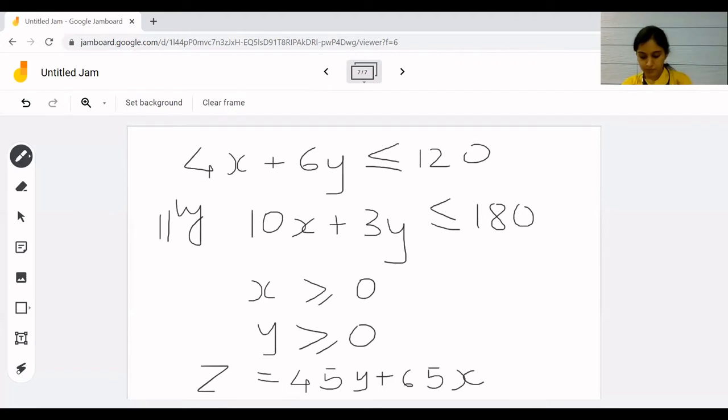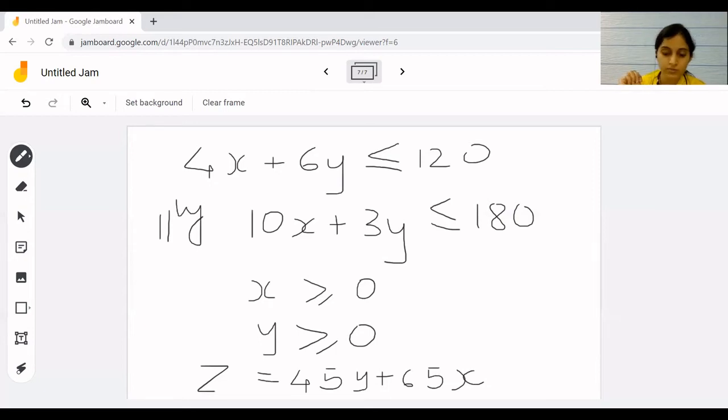Now, the mathematical formulation of the given problem is maximizing Z equal to 45y plus 65x subject to the constraints. Now, what are these constraints? The first constraint is that machine A can work less than or equal to 120 hours, machine B less than or equal to 180 hours. x should be greater than 0, y should be greater than 0.